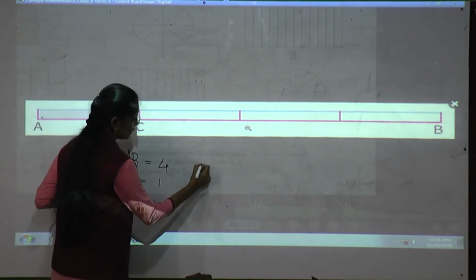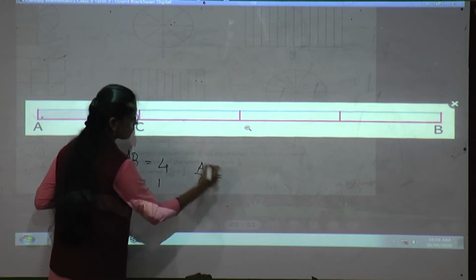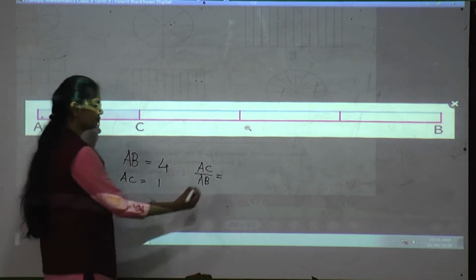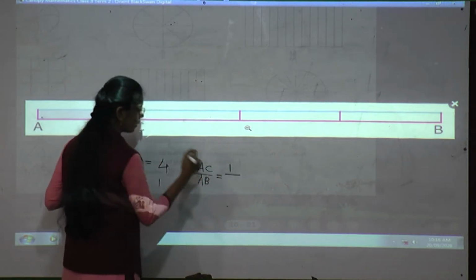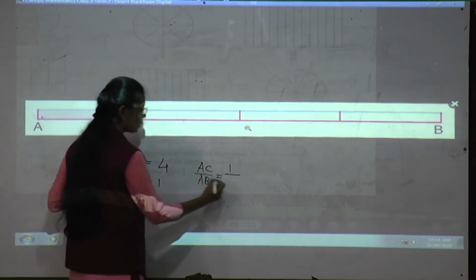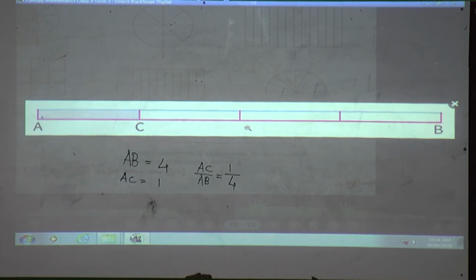So how will you write the fraction? AC by AB. AC is equal to what? Yes, 1, only one part. So here I will write 1, and AB is equal to 4 parts. So AC upon AB is equal to 1 upon 4, means 1 by 4.